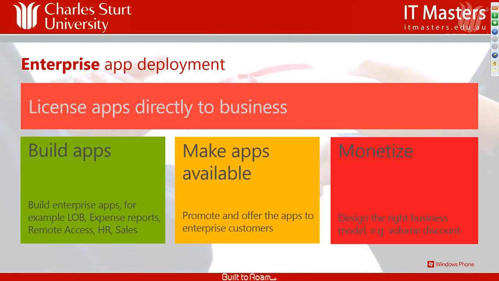I mentioned before that there's support for enterprise app deployment. This is one of the features that have been asked for time and time again by companies that want to build and deploy their own internal applications, rather than them having to go through the testing and the certification and then the publishing process for the store, which is both time-consuming and costly.